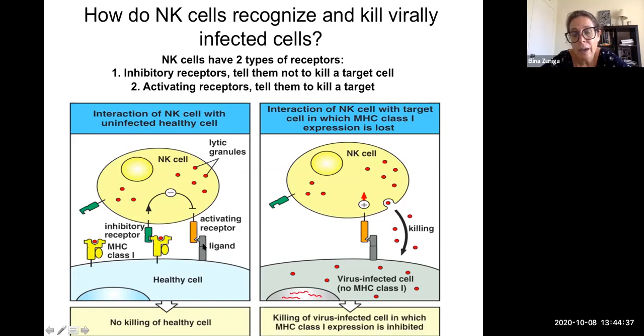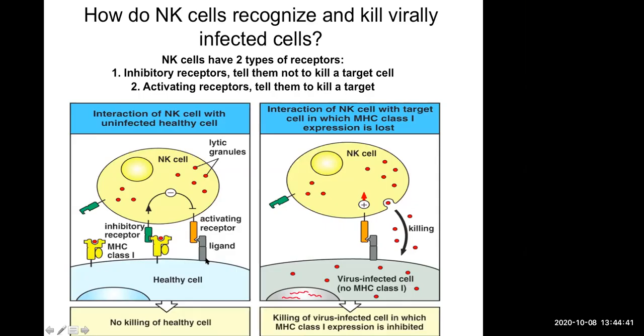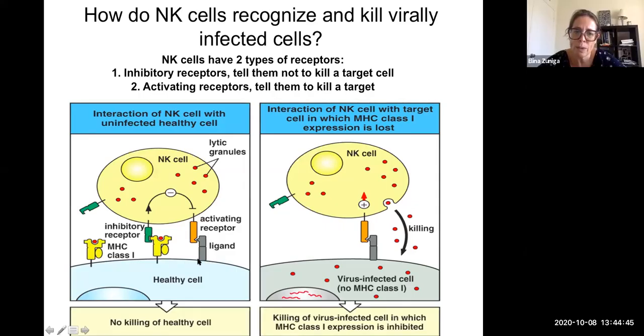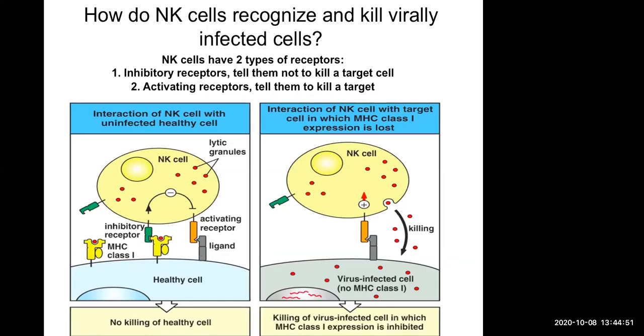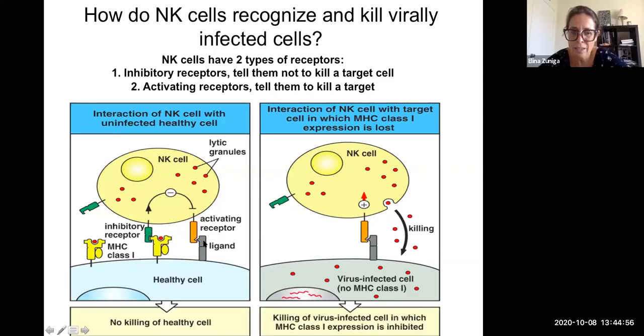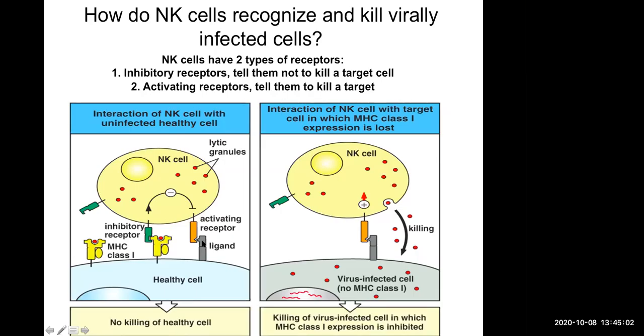These are ligands that are expressed in cells when they are stressed. For example, they may be stressed because of a viral infection, and so they will express the ligand, which is a flag saying there is potential danger inside. Tumor cells are also stressed cells, and they can express this ligand, and that's why NK cells can kill tumor cells as well.